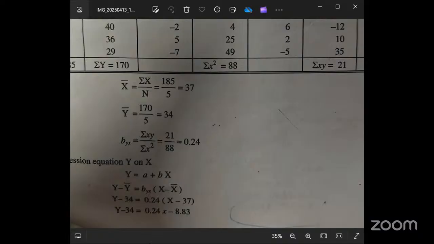The continuation of this problem I will share with you at the last. Before that, we see: y minus 34 equals 0.24x minus 8.83. So y equals 0.24x plus 8.83. So the next equation, y equals 8.83 plus 0.24x.